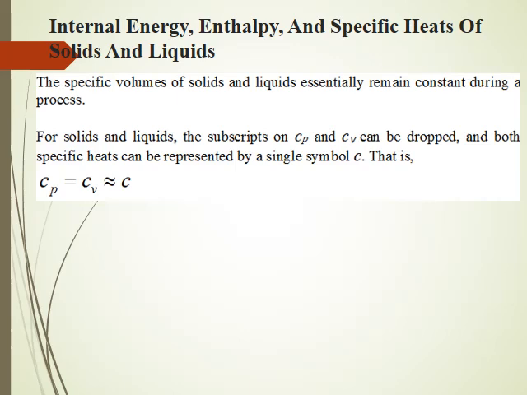Instead, we use C as specific heat, not bearing any subscript. The specific heat for solids and liquids is written as merely C. It does not bear any subscript as it does in the case of gases, like Cp or Cv.